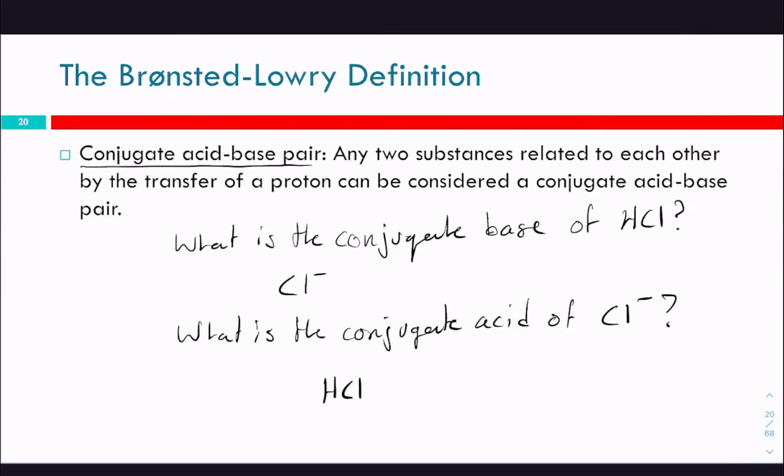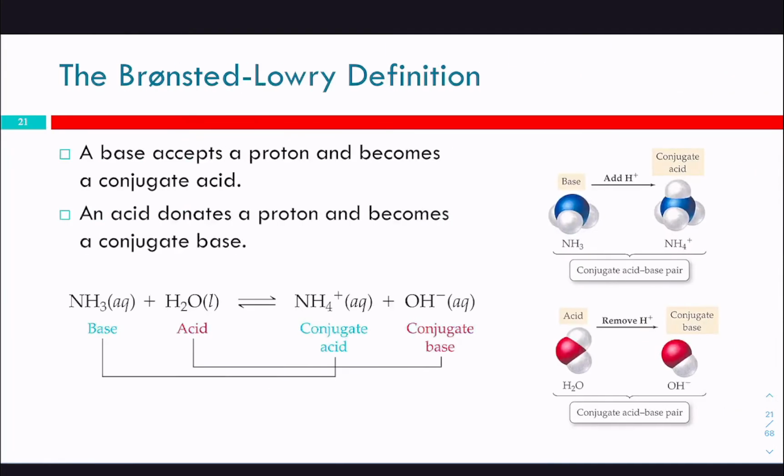Any questions on that? This is one of those lectures where the terminology, I think, is really a sticking point, digesting the definitions of acids and bases. Okay, so a base accepts a proton and becomes a conjugate acid. An acid donates a proton, becomes a conjugate base.